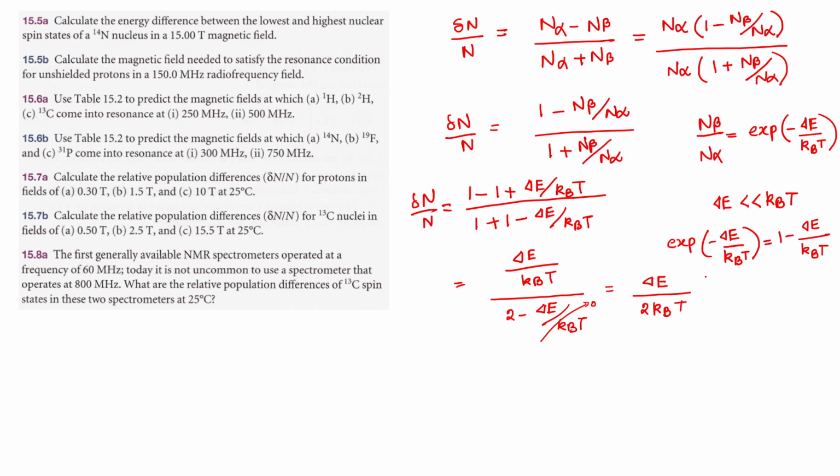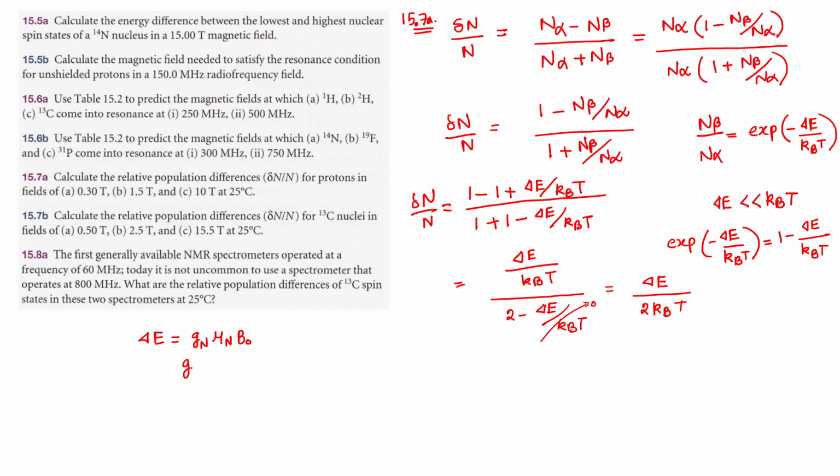In this question 15.7a we are talking about protons. So for protons, the delta E is Gn mu n B0, right?